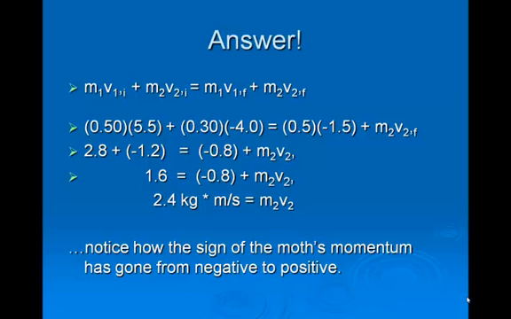After manipulating the equation, we find out that it's 2.4 kilogram meter seconds. Notice how its momentum has gone from negative to positive. This is because the collision with the jelly bean has caused the moth to move in the opposite direction.